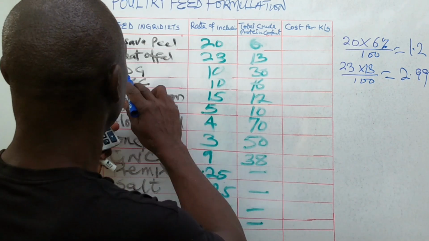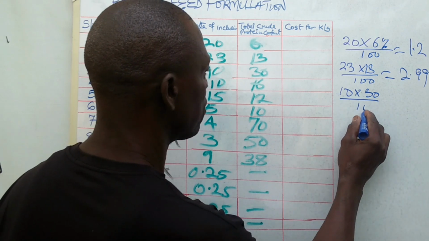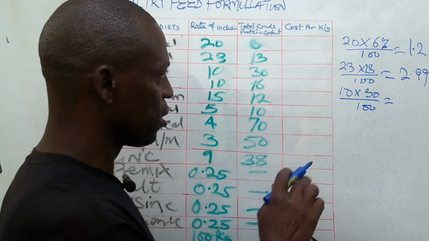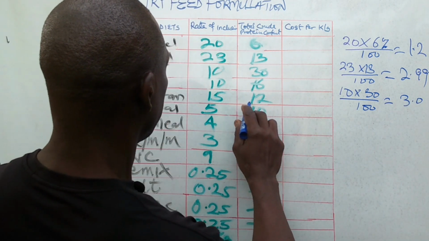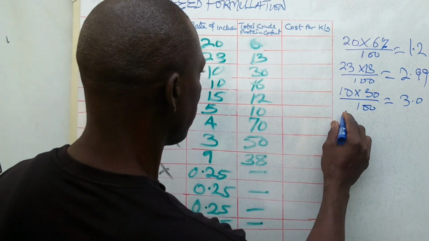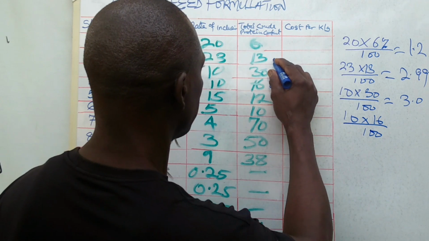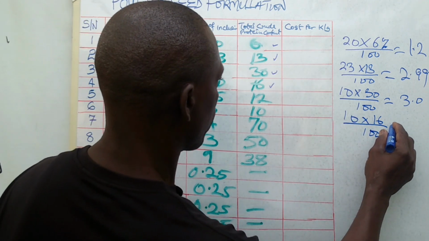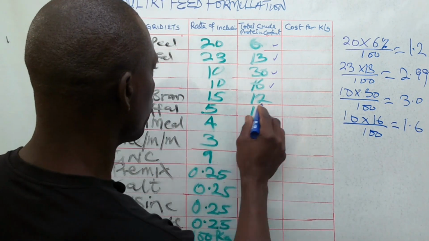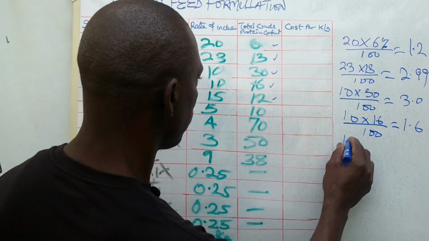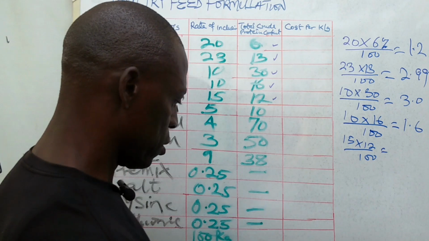Then the next one, which is 10 times 30 all over 100. This will give us 3.0. Next one is PKC, 10 times 16 all over 100. It will give us 1.6. Next one, 15 times 12 all over 100, which will give us 1.8.